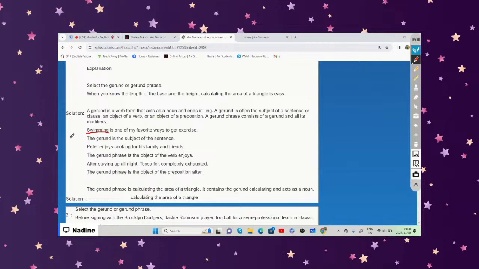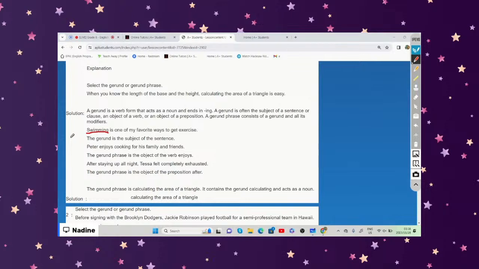Then Peter enjoys cooking for his family and friends, right? And the gerund phrase is the object of the verb enjoys. And then after staying up late, Tessa felt completely exhausted.